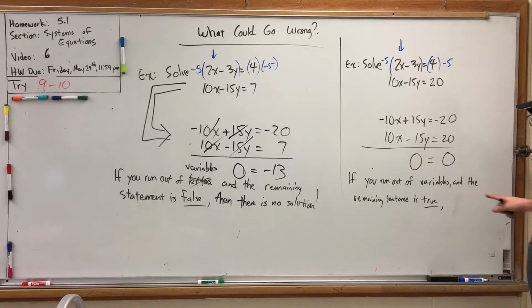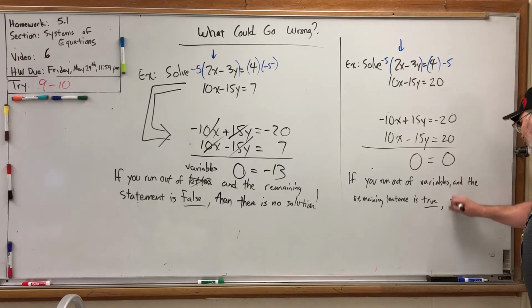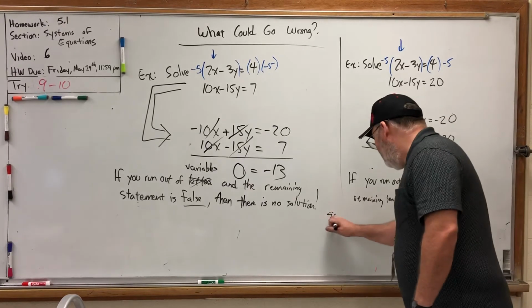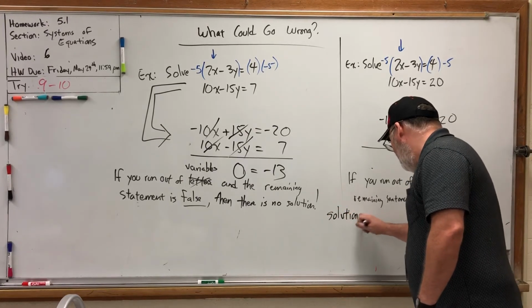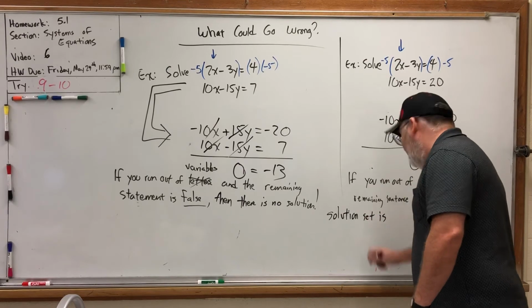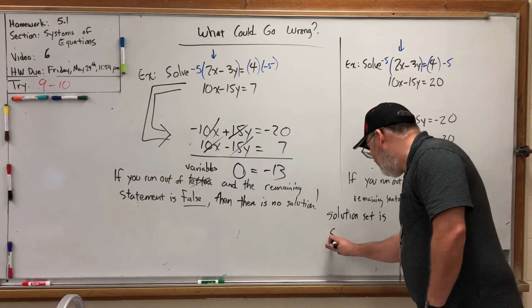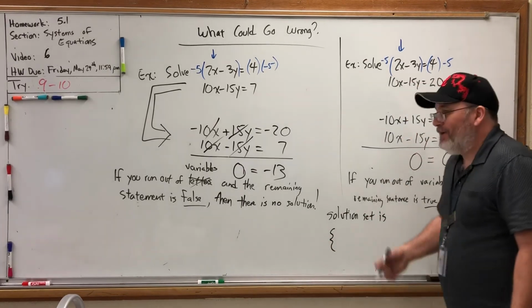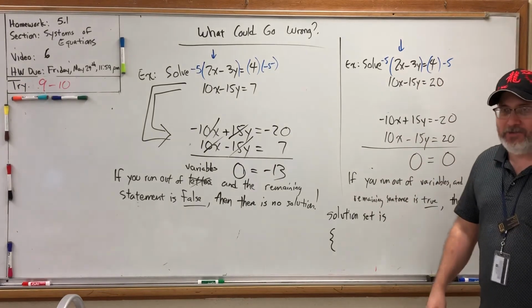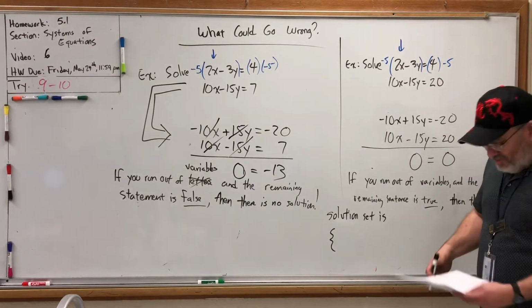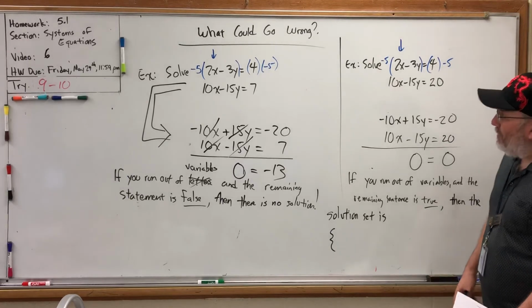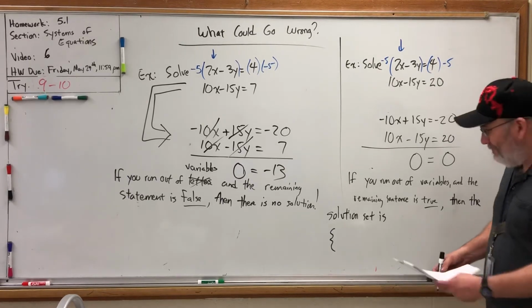If you run out of variables and the remaining sentence is true, then the solution set is written in set builder notation. The set, which we haven't talked about since the very first video when we talked about complex numbers and number systems. So how appropriate that we're in the second to last video, full circle.